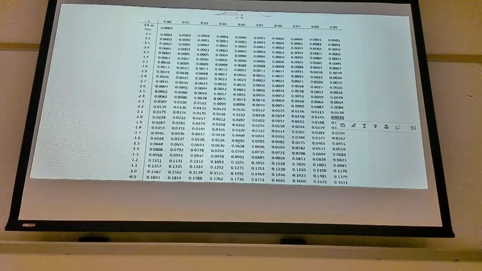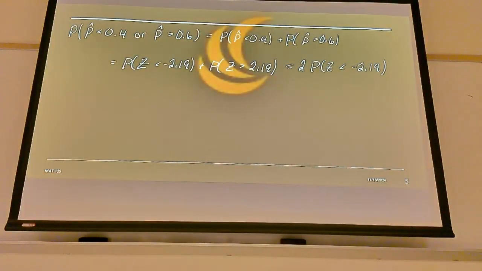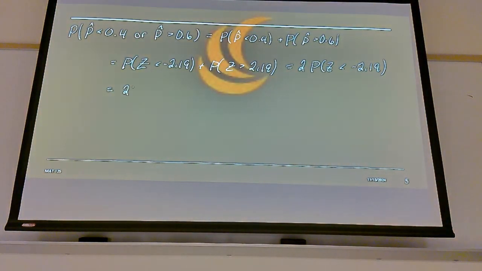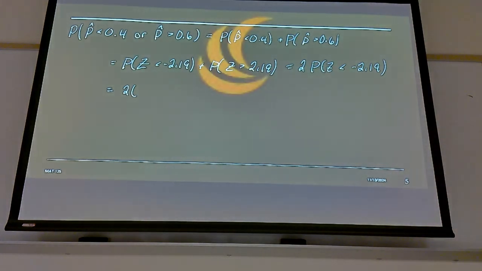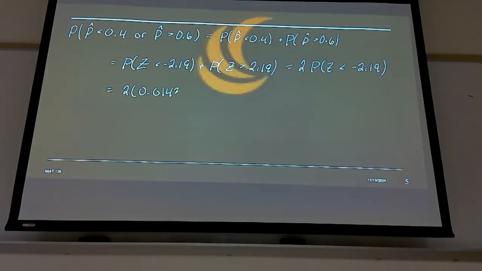So it's that one right there. Double it: 0.0286, which is a 2.86% chance. So not very likely.